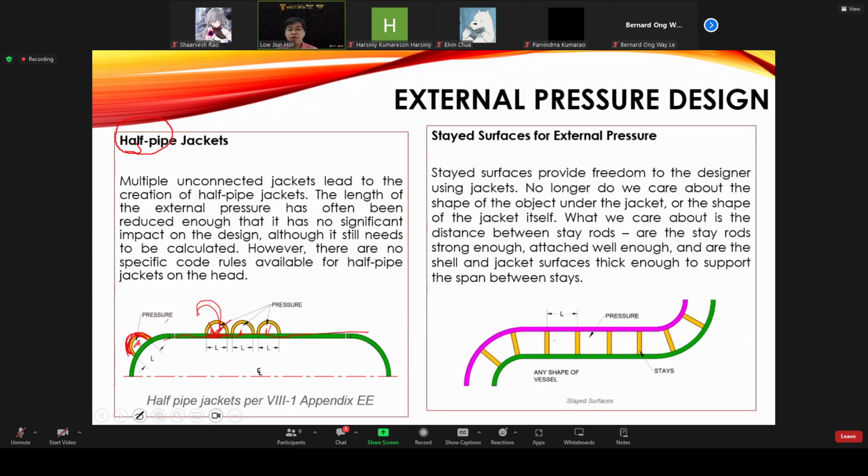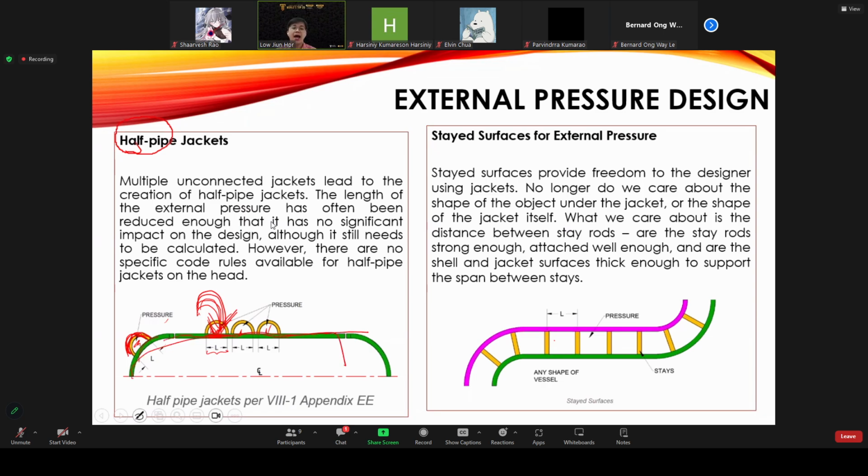Even though the external pressure is small and can be ignored, normally when we design, we still consider the external pressure that can be found in the half pipe jacket here. Why? Due to safety consideration.